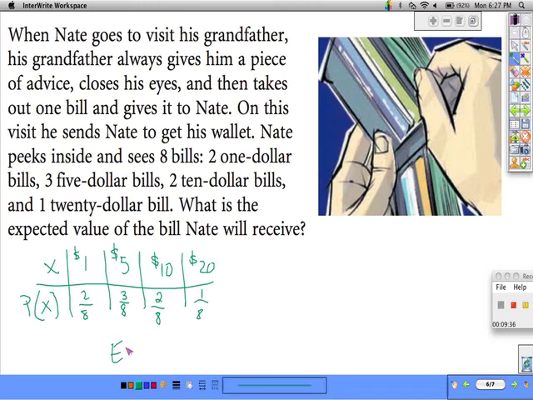Our expected value is equal to 1 times 2/8 plus 5 times 3/8 plus 10 times 2/8 plus 20 times 1/8.